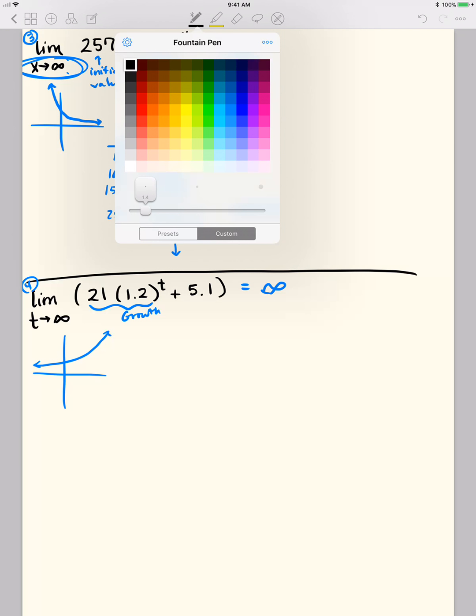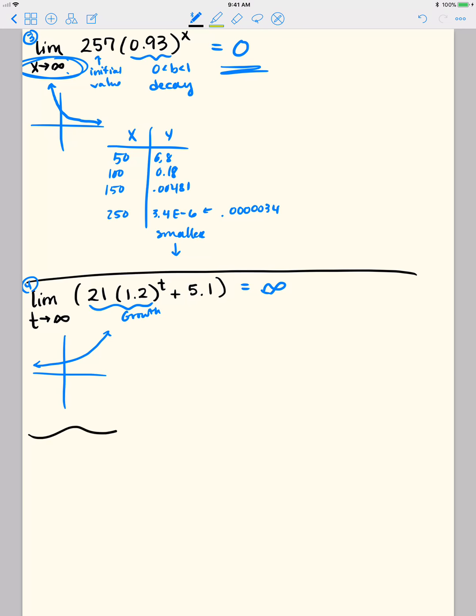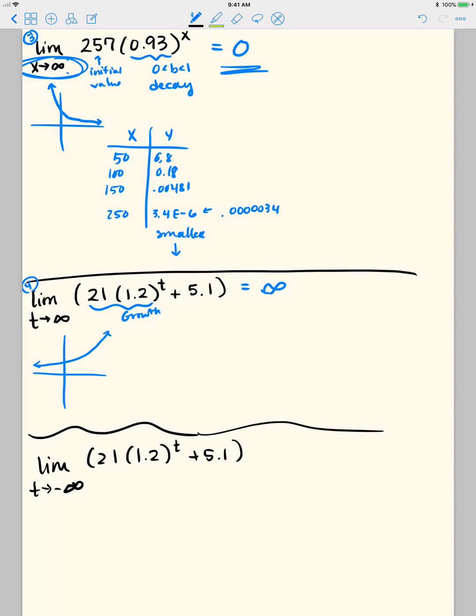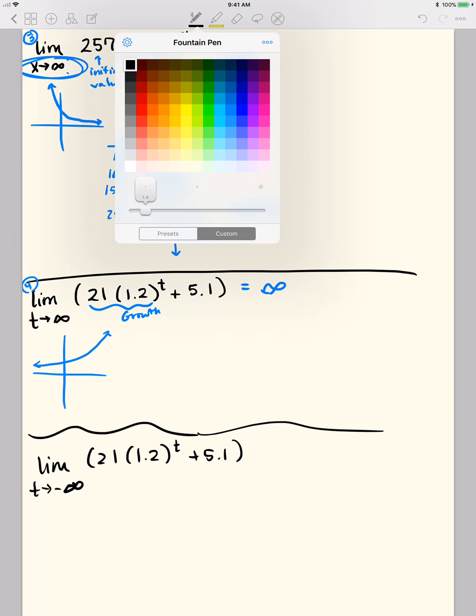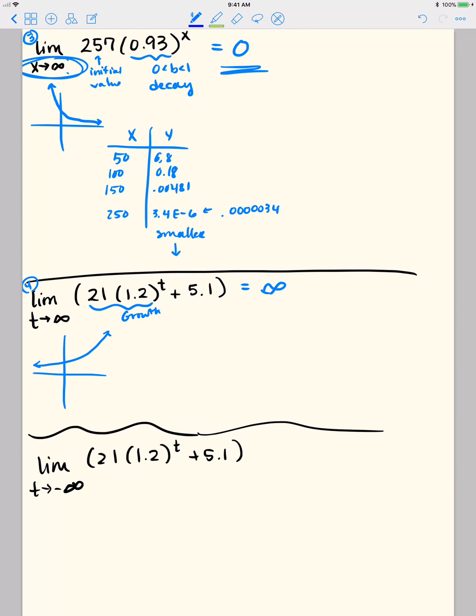I want to make a little note here: had that limit been as t approached negative infinity, this would have been a different kind of answer. I just want to address quickly what the answer would have been. Again, you can look at the same graph if you like. It still does this growth.